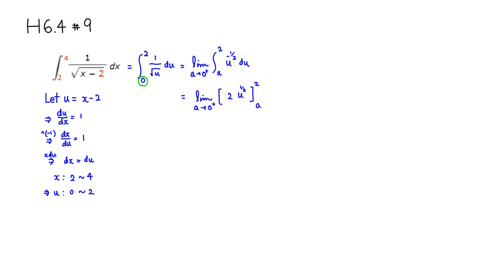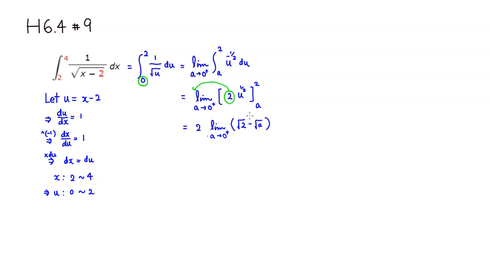Since 2 is just a constant multiple, we can kick it out of the limit. So we can just put 2 in front of the limit. And you have the limit as a approaches 0 from the positive side. Then we plug in 2, so 2 to the 1/2 power is the square root of 2, minus the square root of a.